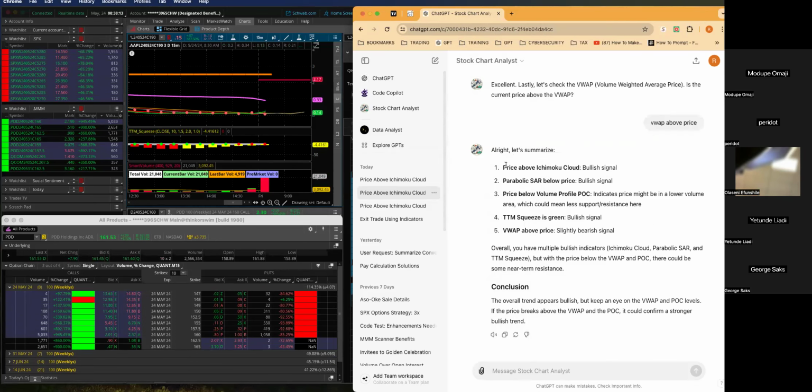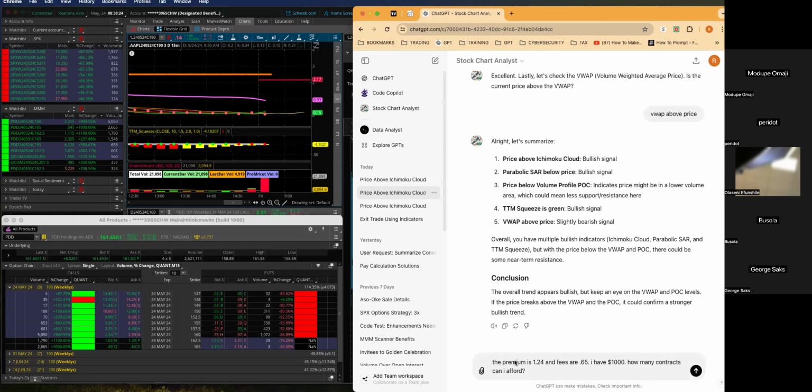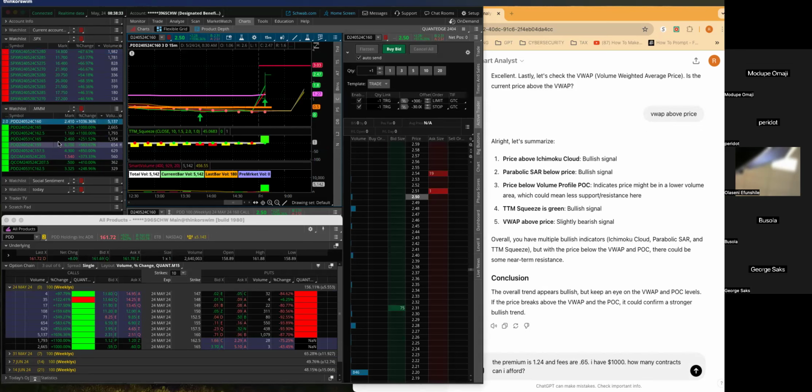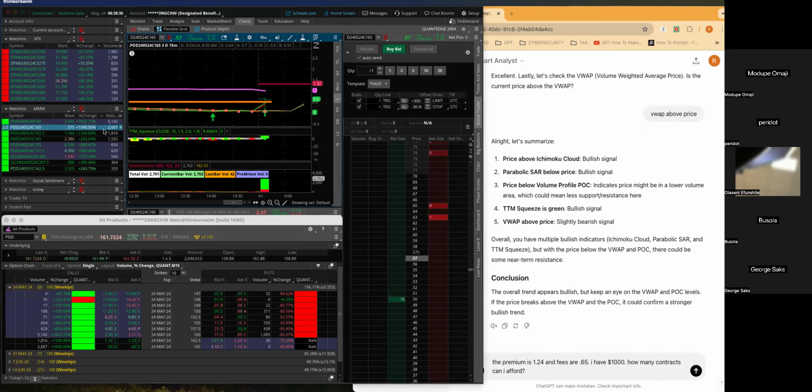Then once you enter a trade, you can ask this question, for example. Let's look at this PDD. This PDD has really gone so far. Let's look at the price. Let's say the premium of this one is 56 cents.